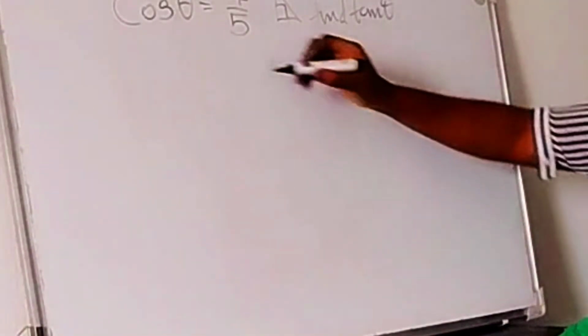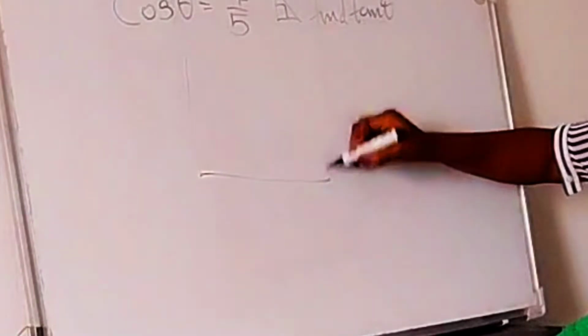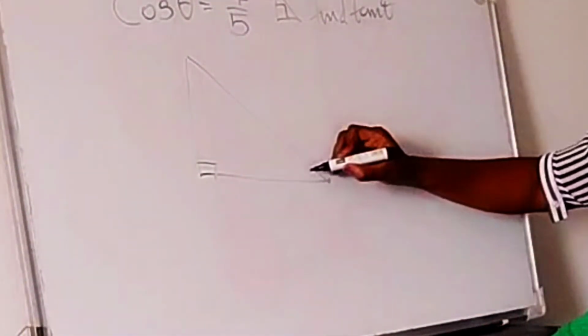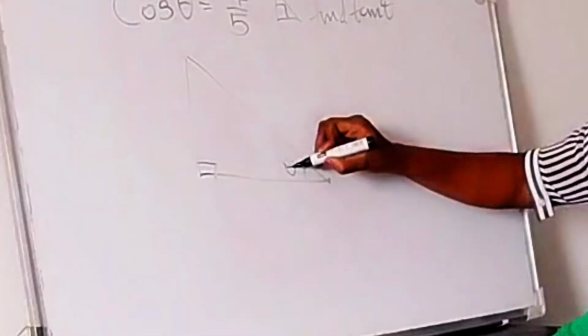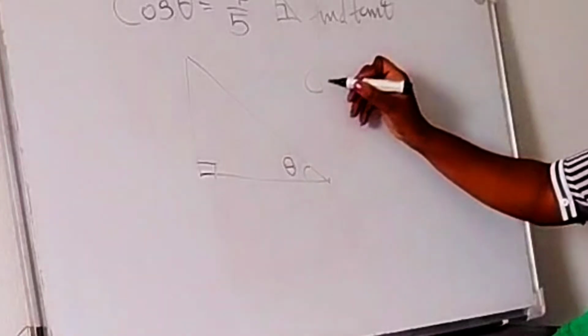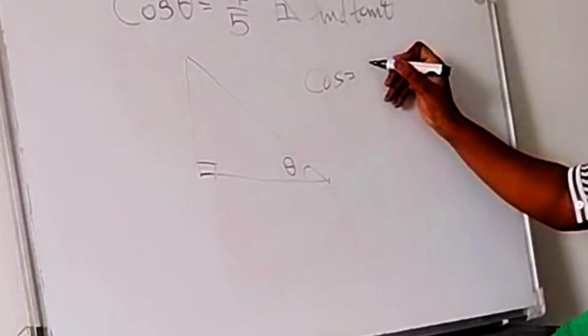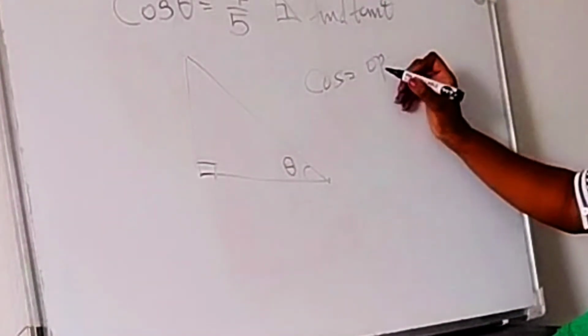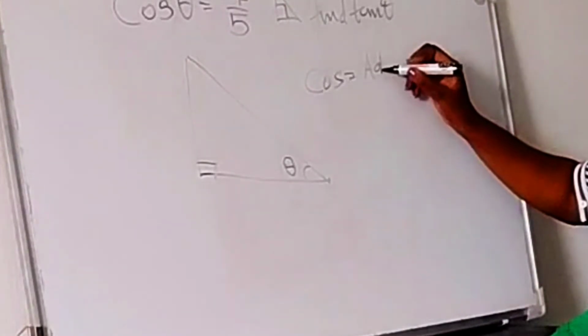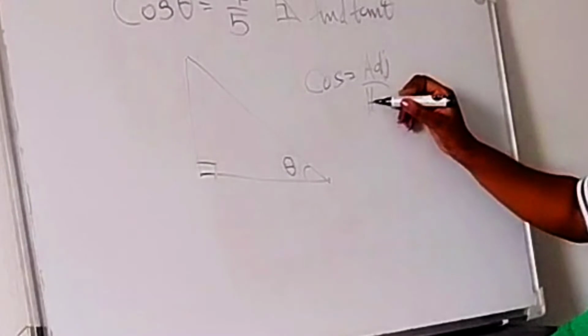Okay, so let's draw a right angle triangle. First of all, this is a right angle triangle. And let's assume this angle here is theta, right? So for the cos, we know that we'll have opposite, right? No. Cos is adjacent over hypotenuse.